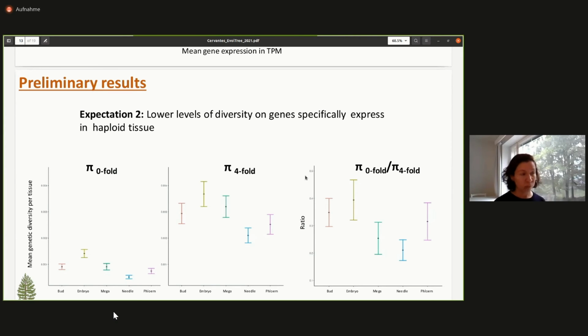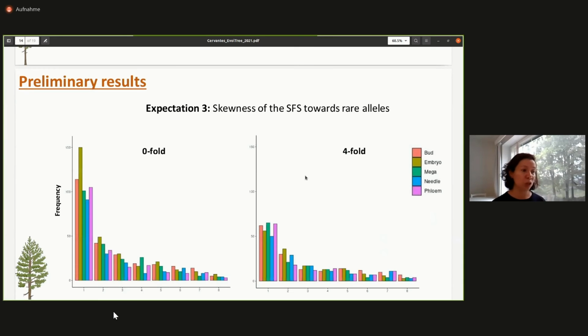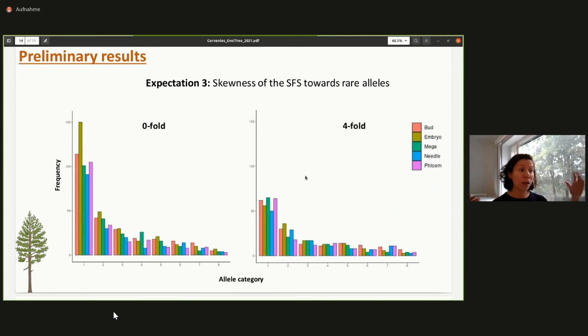So our third expectation was that we should observe a skewness in the site frequency spectrum towards rare alleles, and this skewness should be more evident in the zero-fold sites.